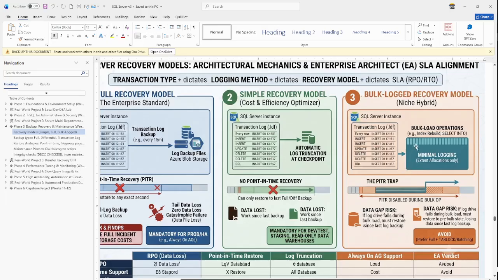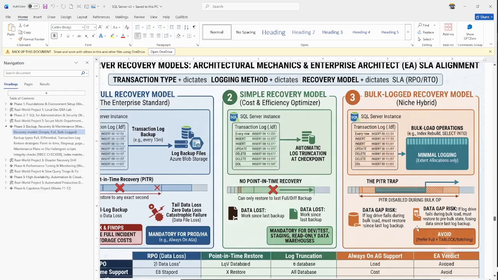Whenever you are doing an index rebuild, or operations like a lot of inserts or SELECT INTO, the logs are allocated minimally, rather than logging everything, and you take that particular backup.